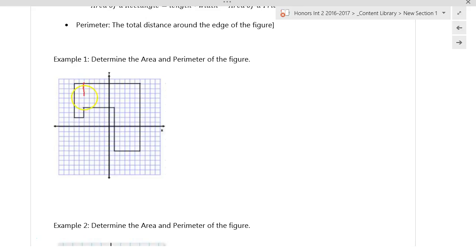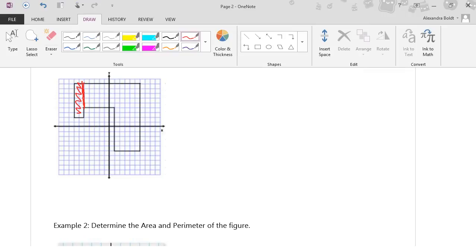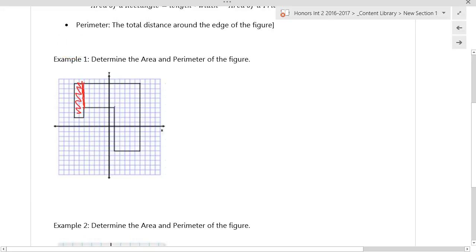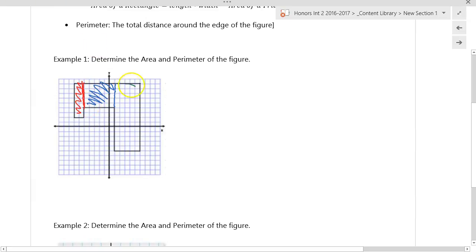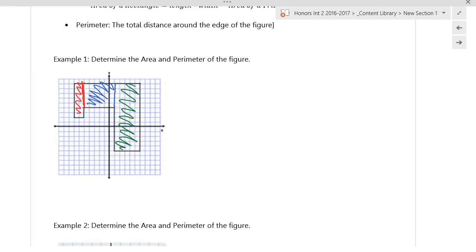So I'm going to create a line here so that I have this rectangle. And then I'll put a line here, so I have this rectangle. And then I have this rectangle. So I just split this into 3 rectangles, and rectangles I know how to find the area of.